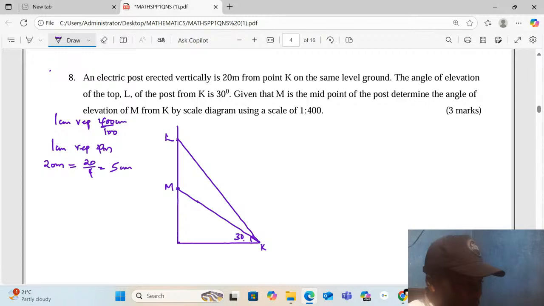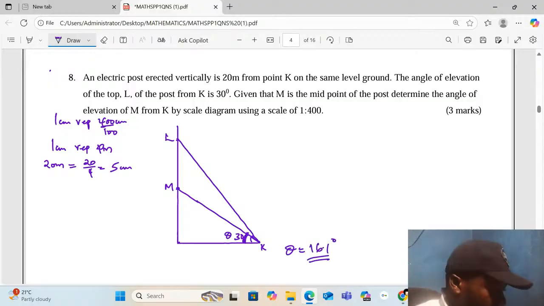When you measure that angle, after constructing, you should get something close to 16.1 degrees. That should be the angle of elevation of M from K. And we've used the scale of 1 to 400.